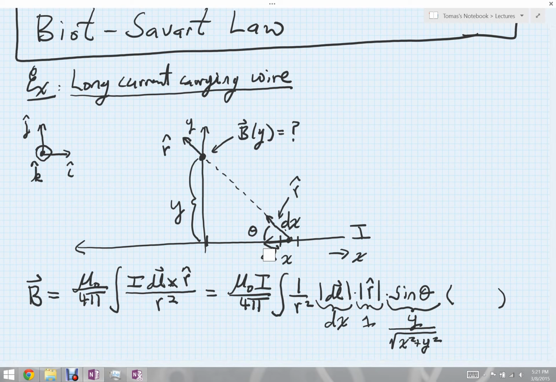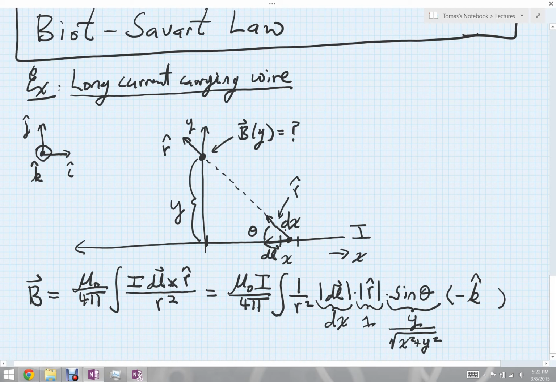That can't be the right direction. So I rotate my hand, keeping my fingers off to the left, my thumb downward, and then it's very natural to curl my fingers towards r hat. So the result of this cross product is a vector that is into the page, or in other words, it's in the opposite of the k hat direction because k hat is out of the page. So it's going to be minus k hat direction.